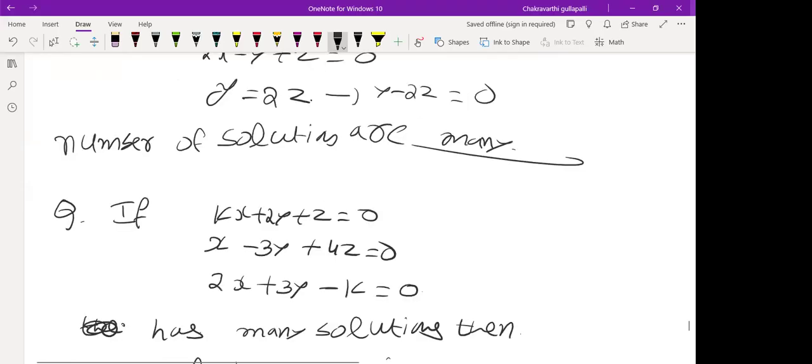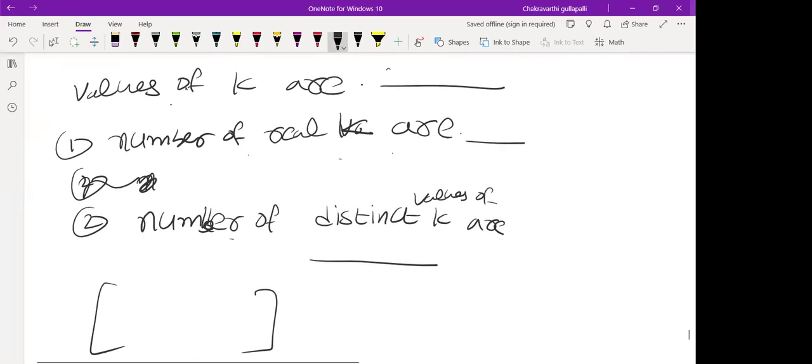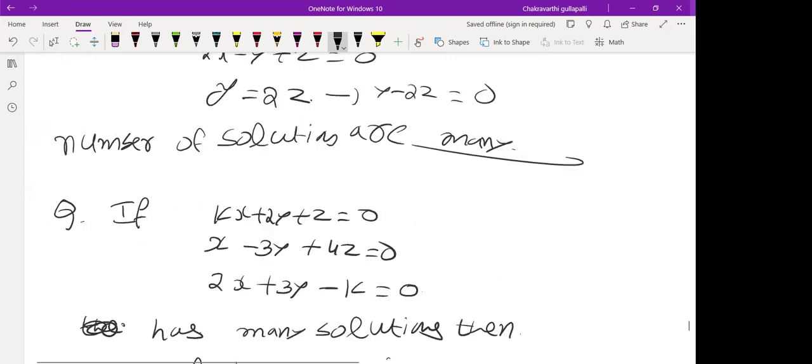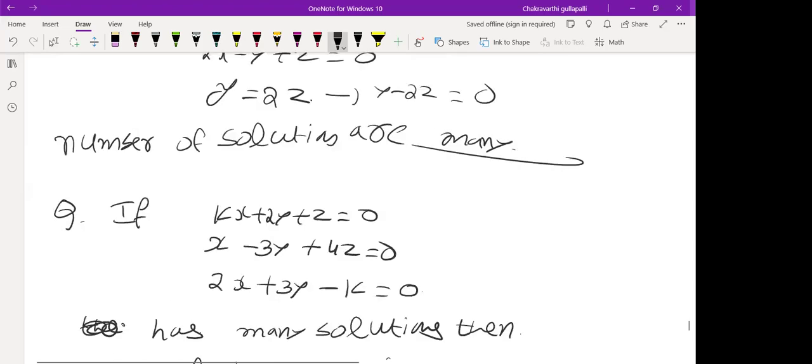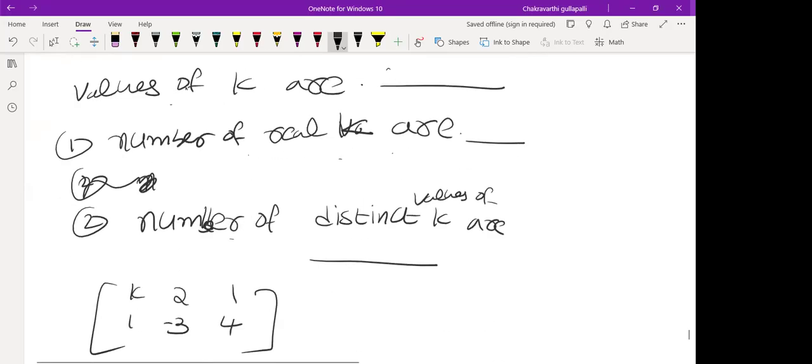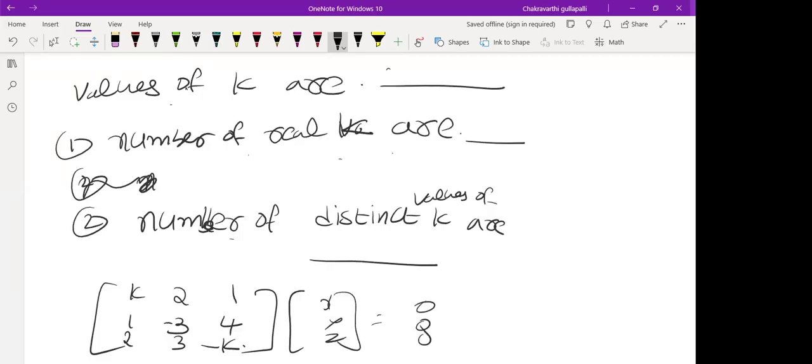The coefficient matrix is K 2 1, 1 minus 3 4, 2 3 minus K, into x y z.